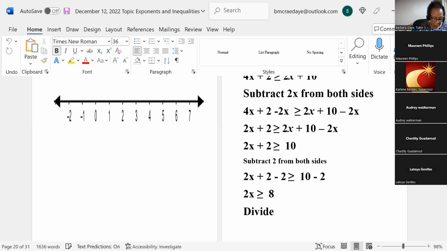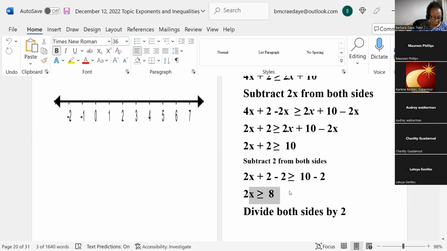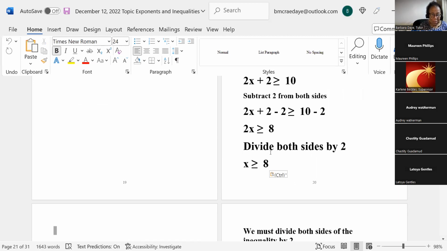That's it, very good. Divide both sides by 2. And that would give us x greater than or equal to what, Maureen? 4. 8 divided by 2? 4, yeah. Yep, that's it. Audrey is helping you out. x greater than or equal to 4.